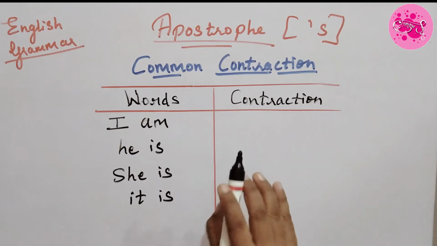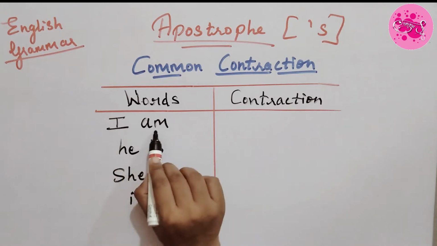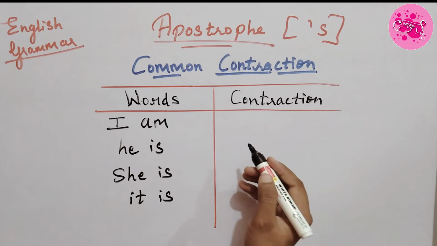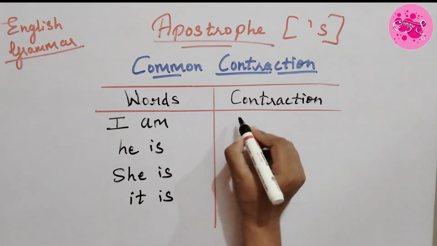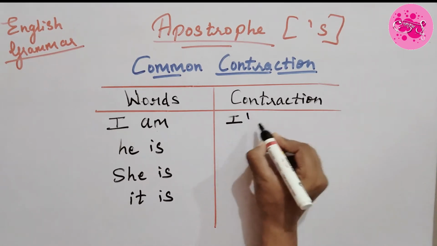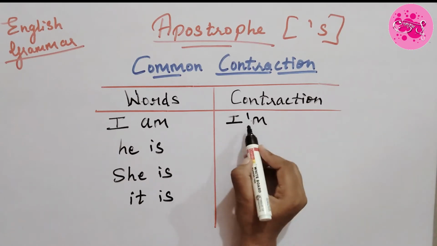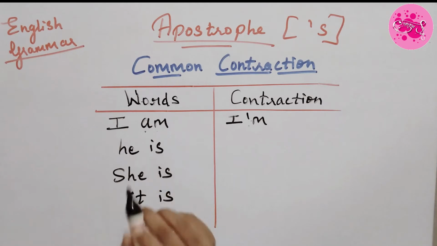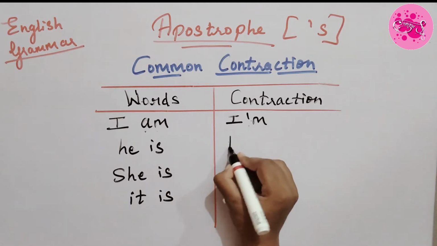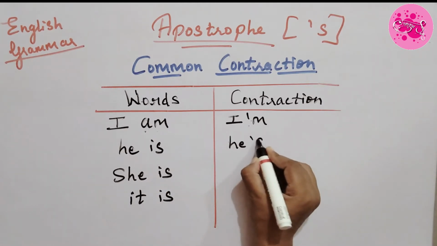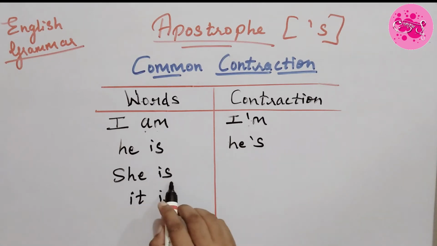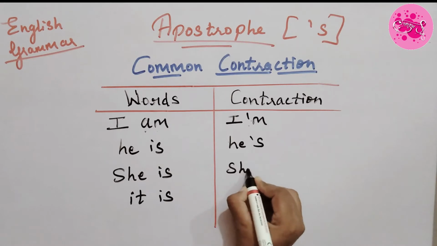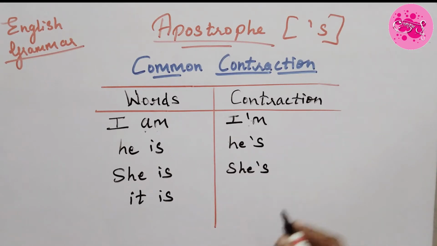Okay? So here, words like I am. The contraction, where we have to put the apostrophe, is I apostrophe m. So here the A is missing. Clear? Then he is. The contraction will be he apostrophe s. She is, she apostrophe s.